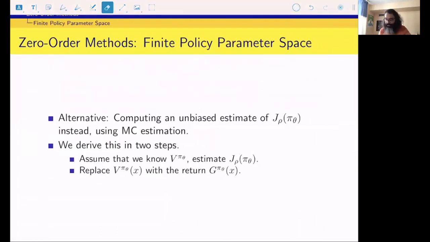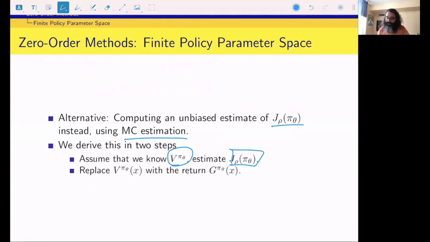So the alternative is computing an unbiased estimate of J of rho of pi theta using MC estimation. We do it in two steps, just to see two sources of error or inaccuracy. One is that we assume v of pi theta is known, and we want to estimate J of rho of pi theta.